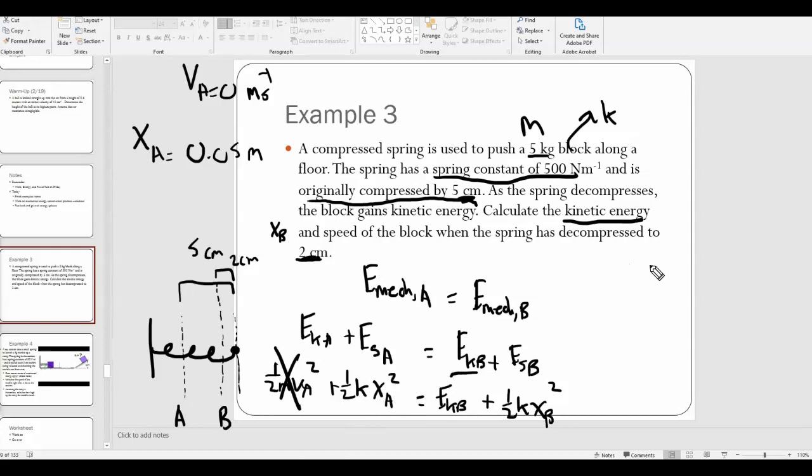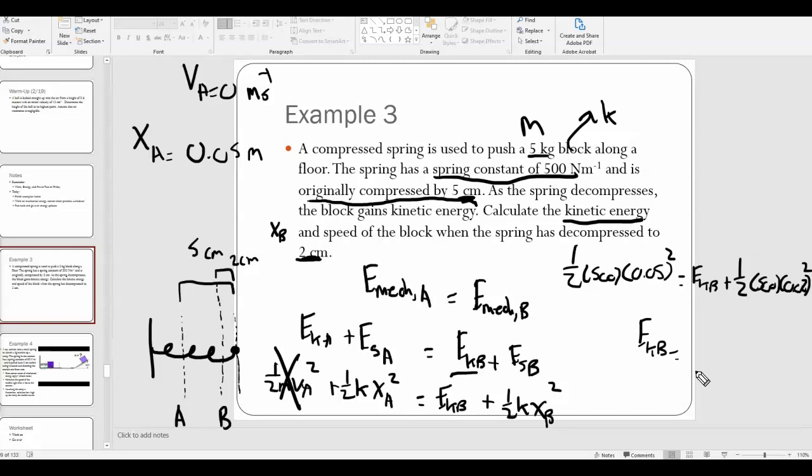Okay, and so if I go over here to start plugging in values, I have 1/2 times 500 times 0.05 squared is equal to EKB plus 1/2 times 500 times 0.02 squared. And now I just need to subtract and get EKB by itself. Make sure you don't forget to square the displacement from equilibrium though.